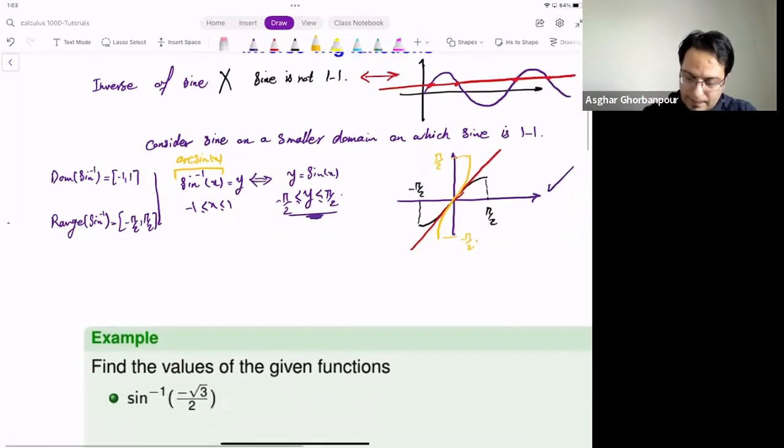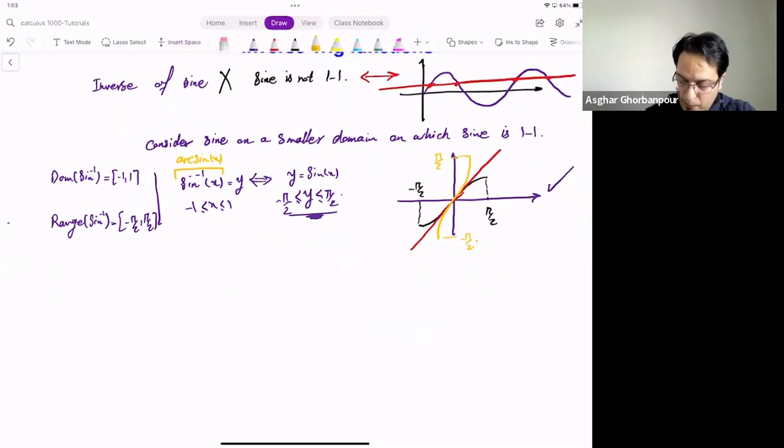Well, then one can go further and do the same thing for cosine. We can also define cosine inverse of x, which is basically finding the angle whose cosine is x.